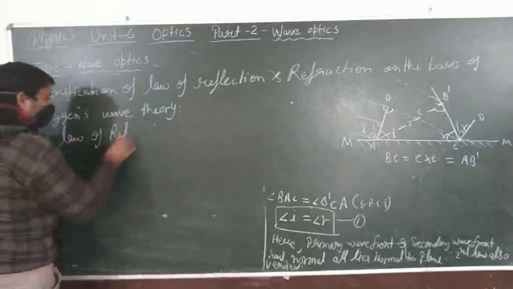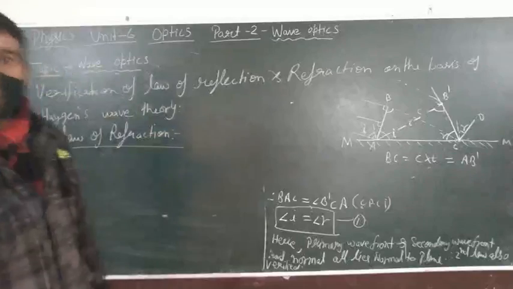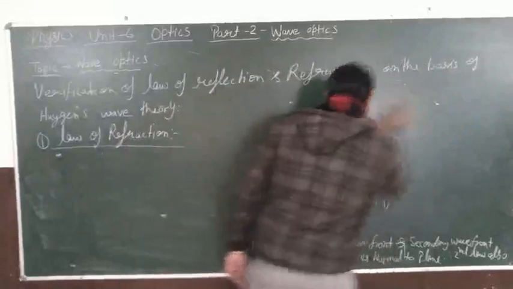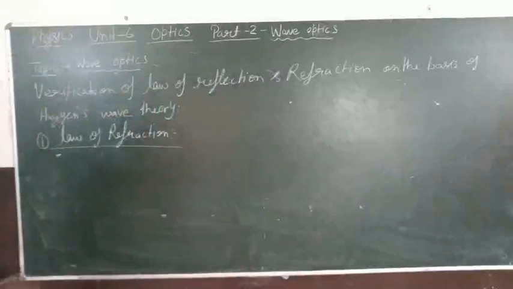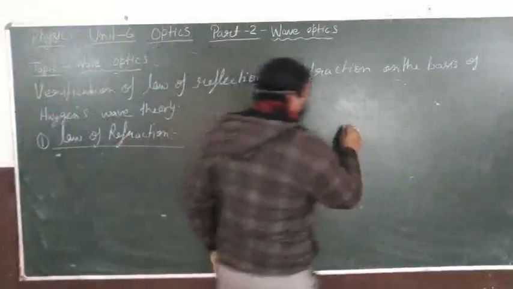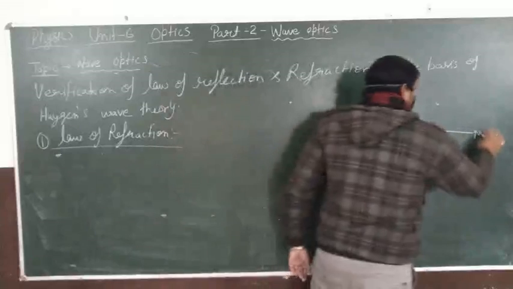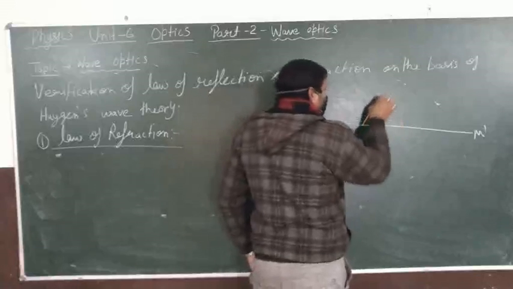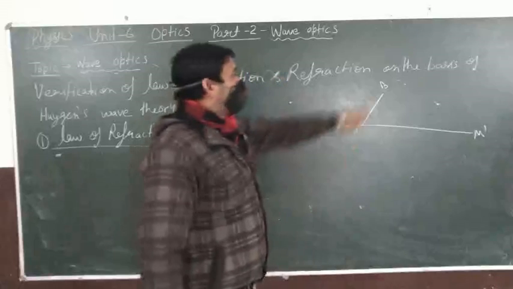To verify the law of refraction on the basis of wave theory, we have a transparent surface, and a primary wavefront falls on it at point A, and the wavefront is AB.